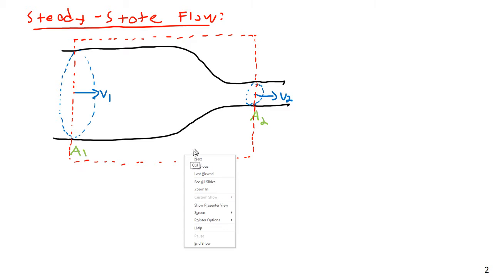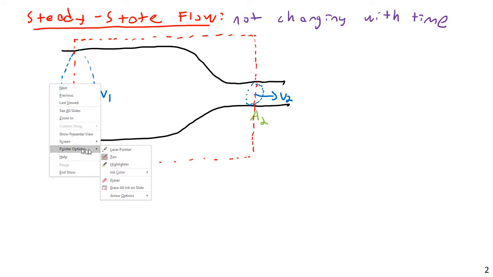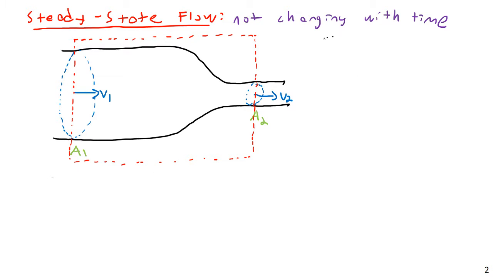Okay. So V1 and V2, and again with steady state, what we're talking about when we say steady state is we're considering something that does not change with time. So that's something to note. Steady state again means not changing with time. So what is not changing with time? Well, if a system is in steady state, what is not changing with time is the contents of our control volume.